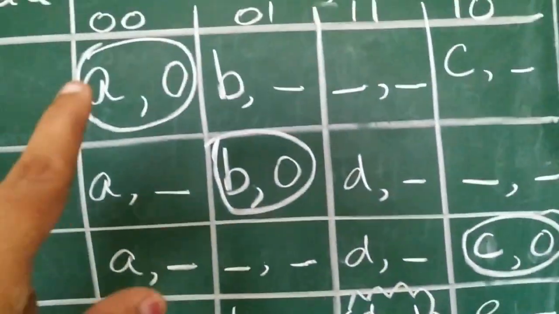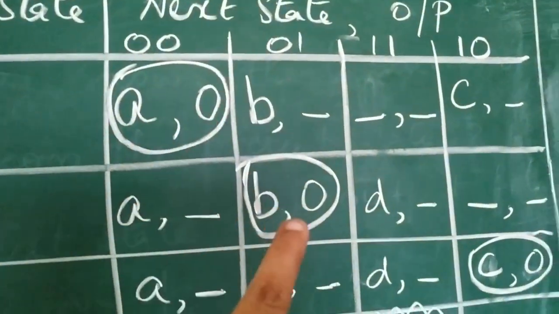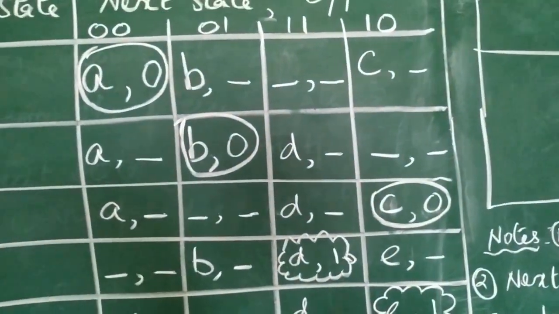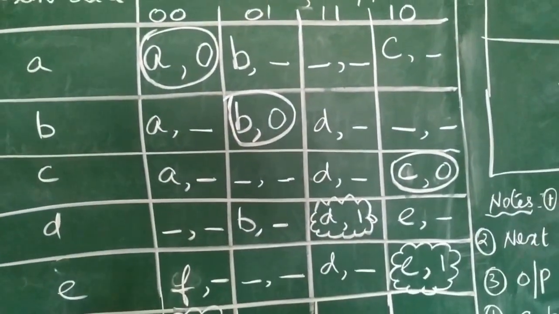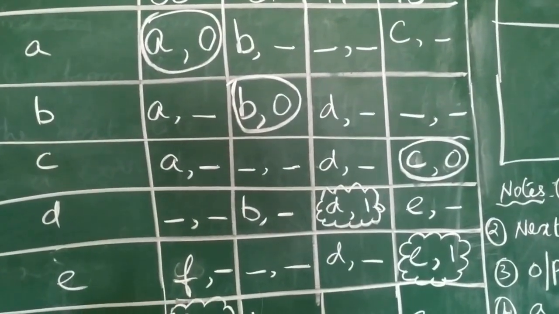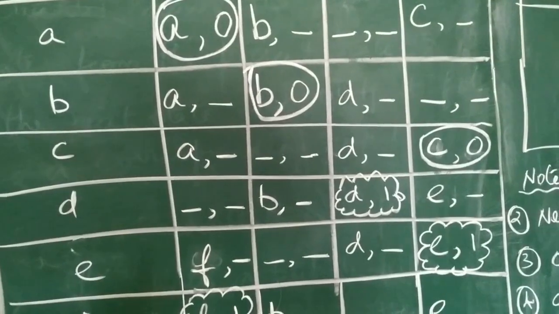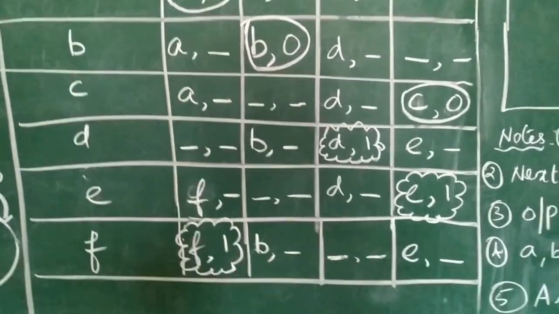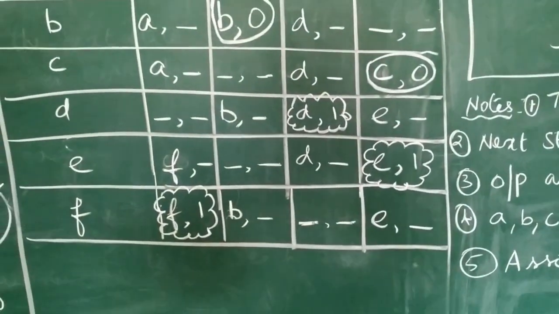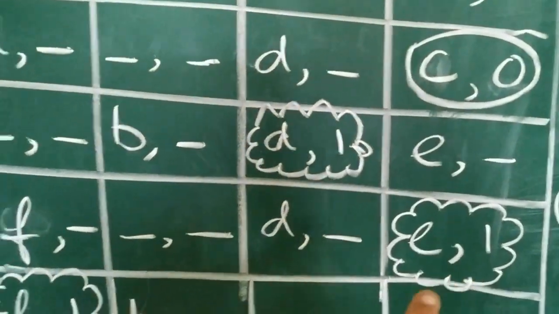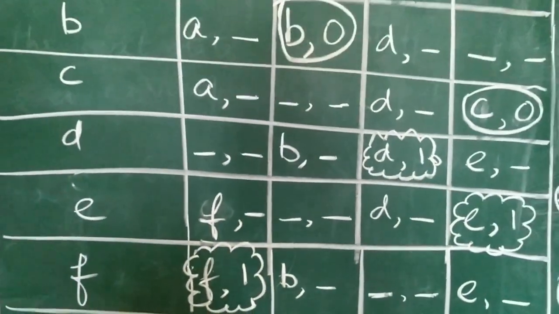Why and how? See, for A the output is 0, B the output is 0, C the output is 0. So commonly the output is 0. So combine A, B, C together and assign them 0 and another state S0. And what about D, E, F? For D the output is 1, E it is 1, for F also the output is 1.